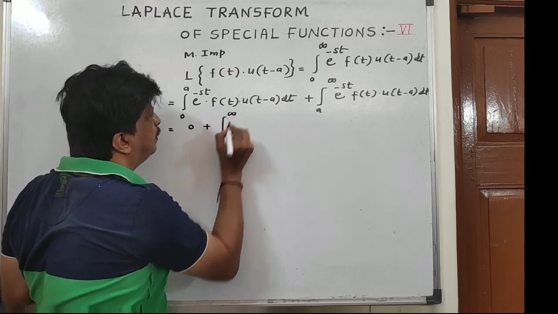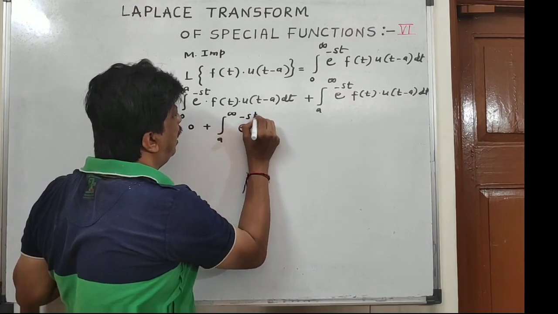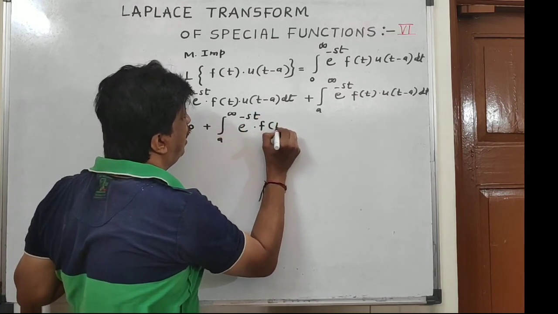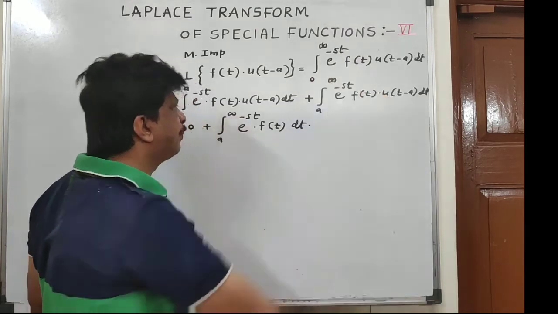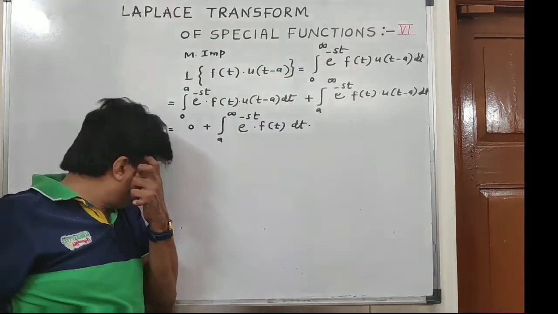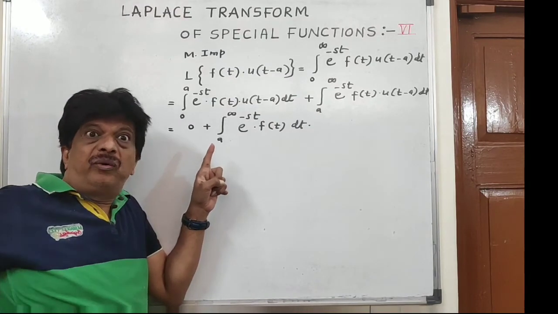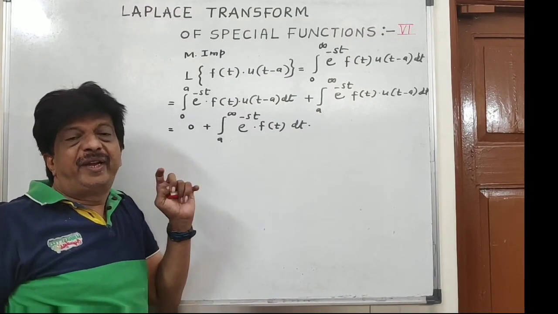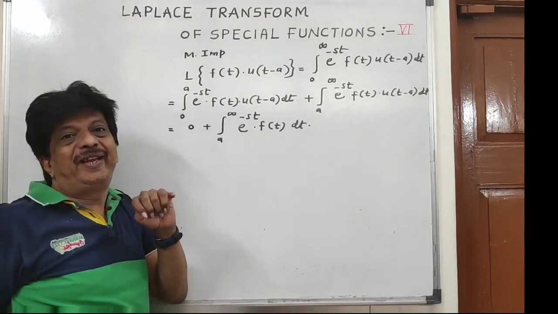Integral a to infinity e raised to power minus st into f of t into 1 into dt. So limits are from a to infinity. They are not from 0 to infinity. Otherwise it would have been the Laplace transform of f of t.